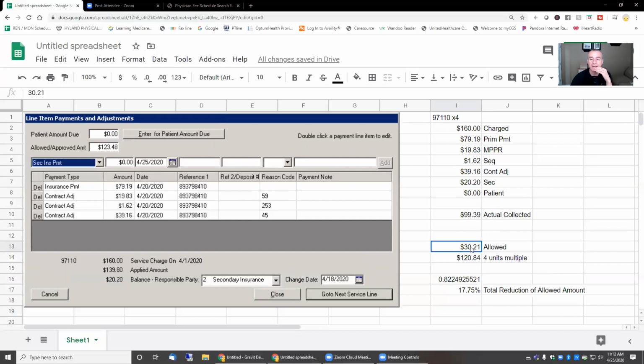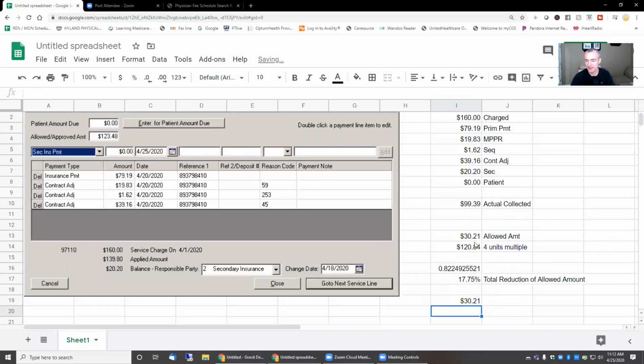So if this is the allowed amount, we're going to say, okay, I want this to equal that. That's 1 unit from the allowed amount. If we're going to subtract, math is always a little fuzzy. What I'm trying to figure out is if we're going to take a single unit after the MPPR, which is a reduction, what is that going to look like?